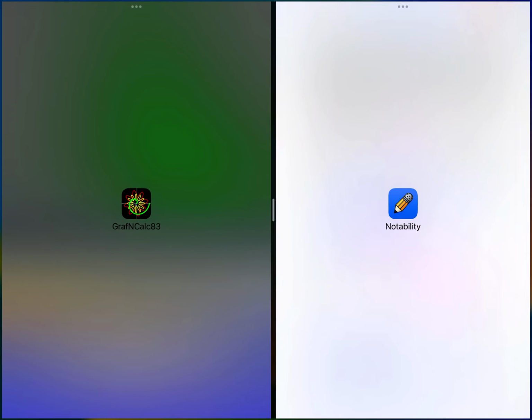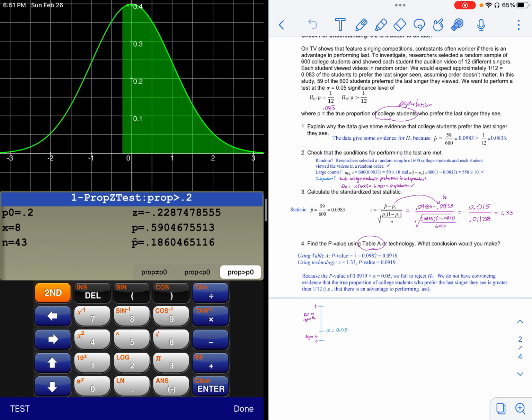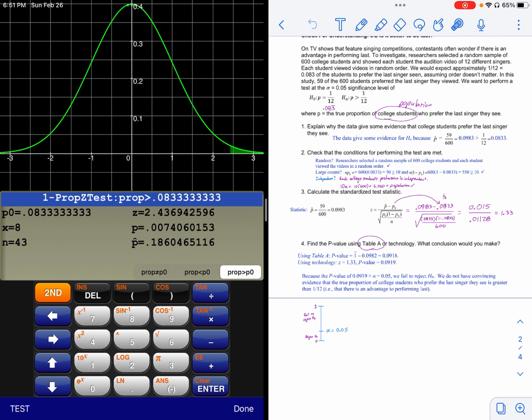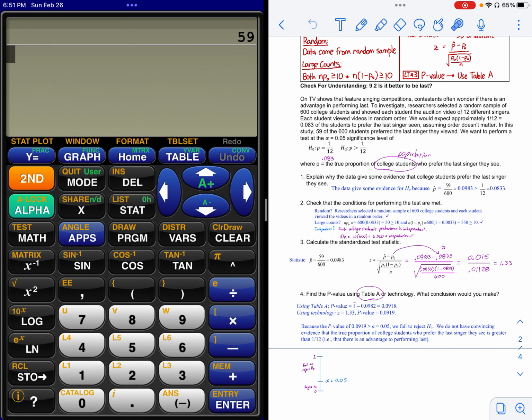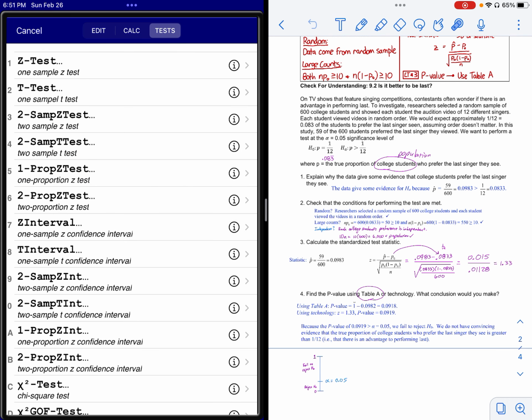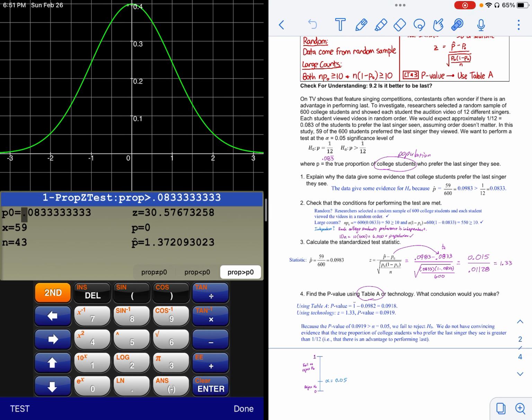Now, when you're on this screen, you enter the null probability, which was 1/12, and you can see it automatically corrected it and adjusted it to the decimal form. X is the number of the students that chose the last audition, so 59, and then N is the number in the sample.